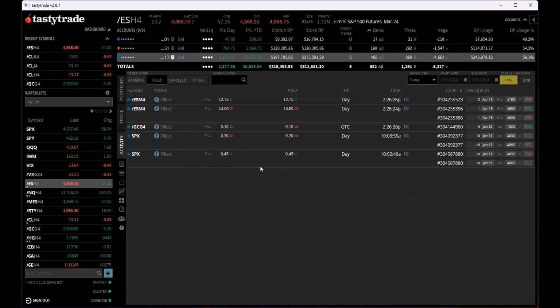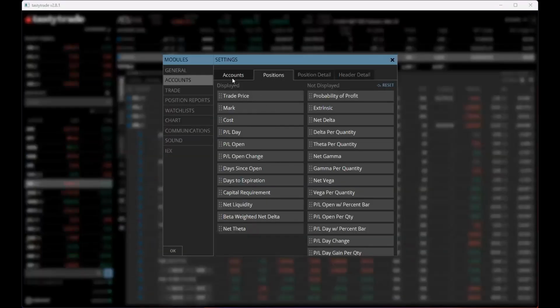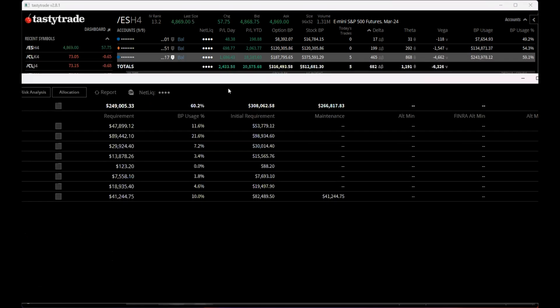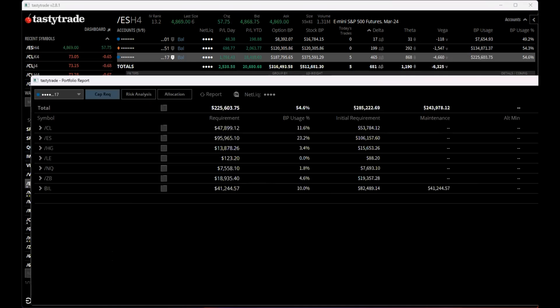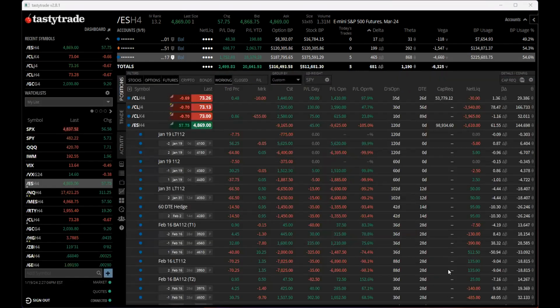So there's a little 0 DTE trade on the day. Now, there's the nice things about what happened. So what's happened to my buying power since we've been talking? I can never trust this thing. Okay, my buying power is back down to 54, which is technically 44, because why?